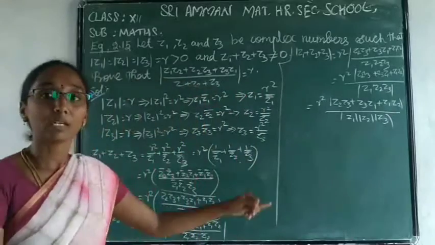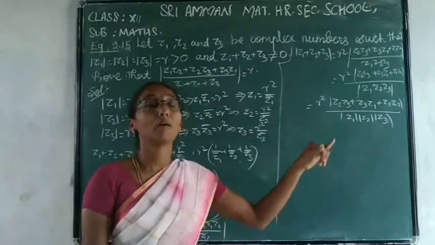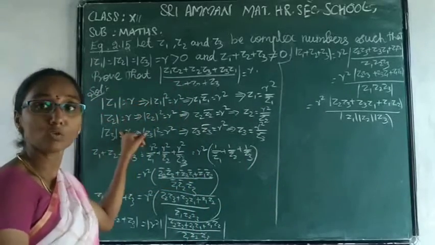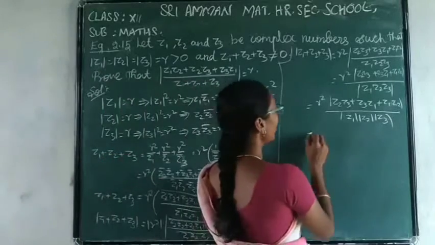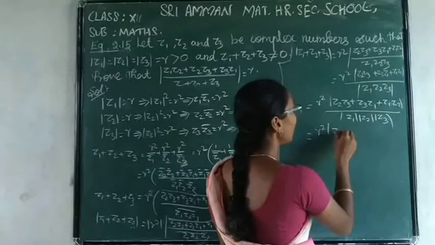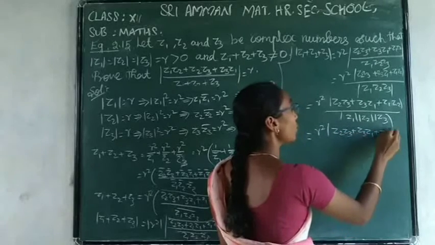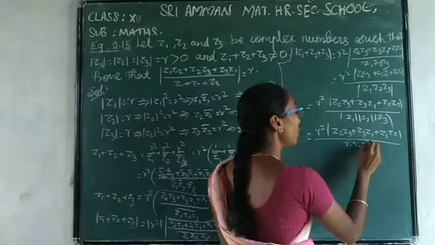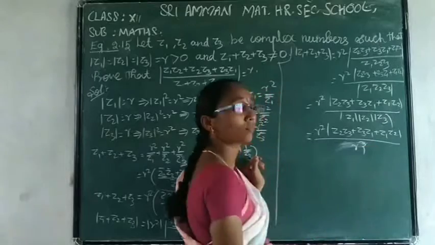The given part, what is that? Modulus of Z1 equal to R, modulus of Z2 equal to R, modulus of Z3 equal to R. So substituting this one, R square into modulus of Z2 Z3 plus Z3 Z1 plus Z1 Z2 divided by R into R. This one is changed as R cube.